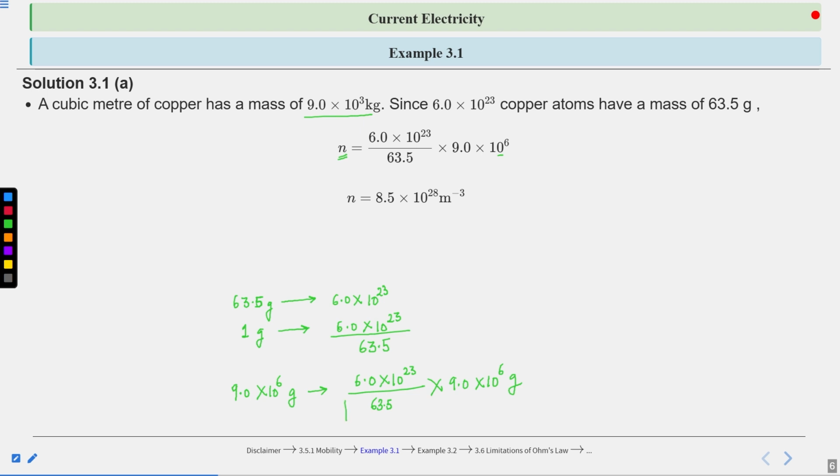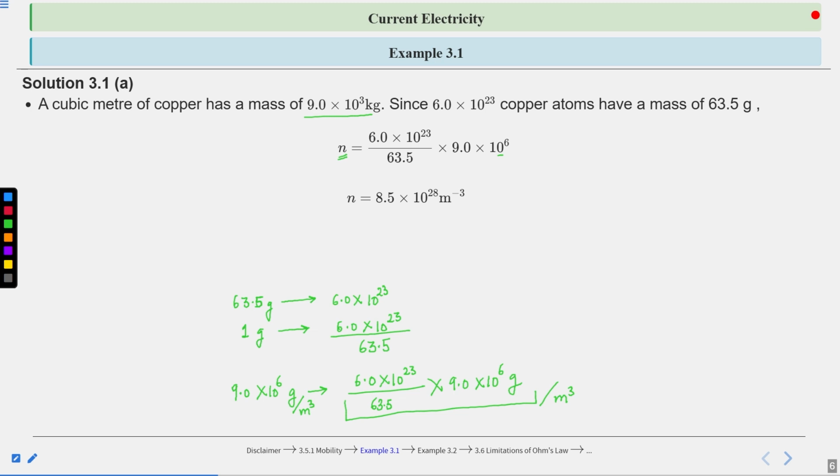Okay, so this many atoms will be there in copper, but volume is not given, density is given. What was the density? 9 into 10 to the power 3 kg per meter cube. Since volume is not given, we take unit volume, 1 meter cube. This amount of mass is present in 1 meter cube.